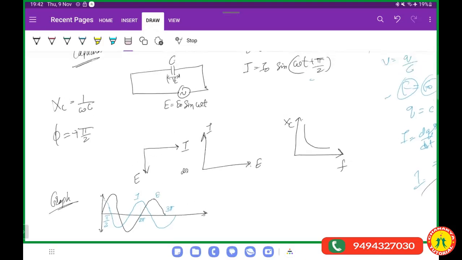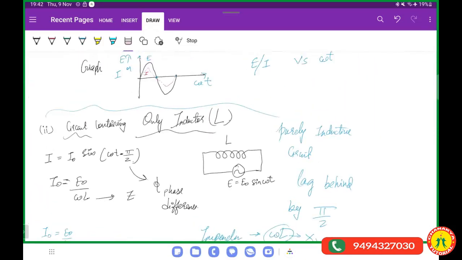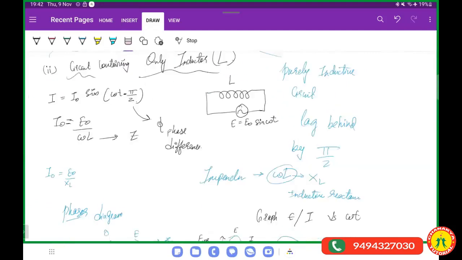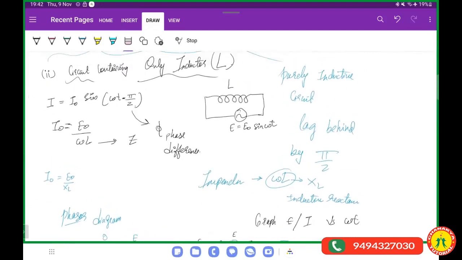Now if we go with Mr. Inductor, XL equals omega L. So if frequency is 0, then XL is 0.